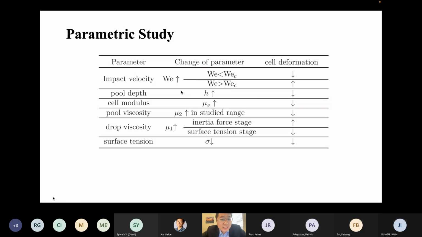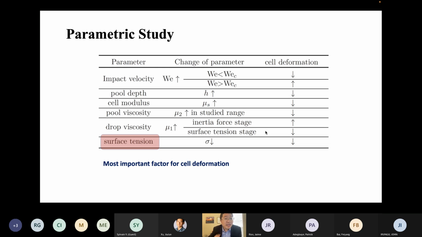We studied different impact velocity, different pool depth, cell modulus, pool viscosity, drop viscosity, and surface tension, right? We see those different behaviors. We actually identify sigma, surface tension, as the most important factor for cell deformation.